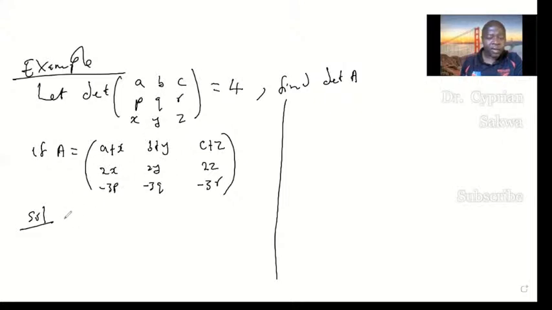So let me just factor out those constants, 2 and negative 3, from rows 2 and 3.